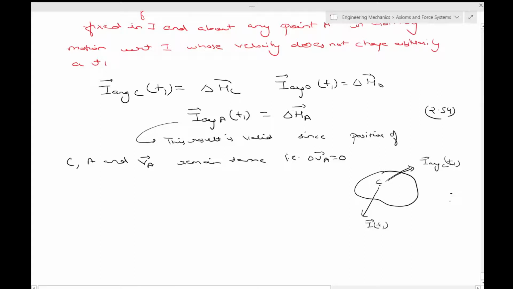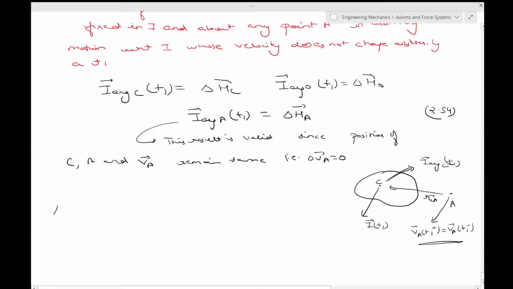Now this point A is somewhere over here. This is R_CA. Velocity of A at t1 plus is the same as velocity of A at t. Okay, so it's the exact same argument which we have used in the previous section. So please check that, and this ensures that there is no instantaneous change in the velocity.